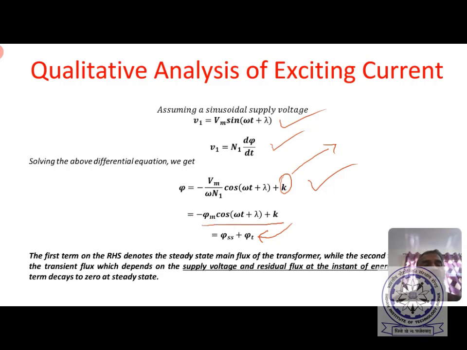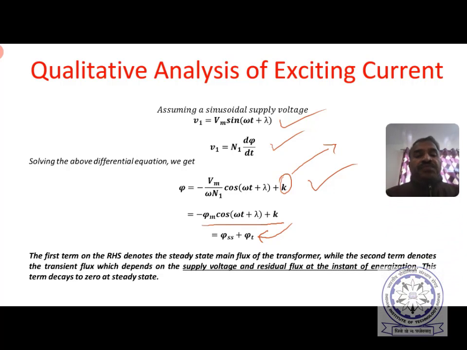Using this derivation, the first term on the RHS denotes the steady state main flux of the transformer, while the second term denotes the transient flux, which depends on the supply voltage and residual flux at the instant of energization. This we will see soon. This term decays to 0 at steady state.